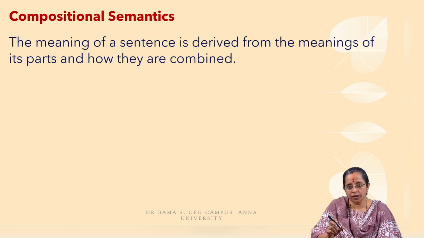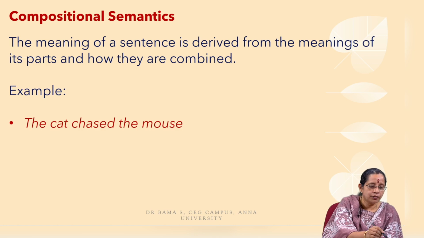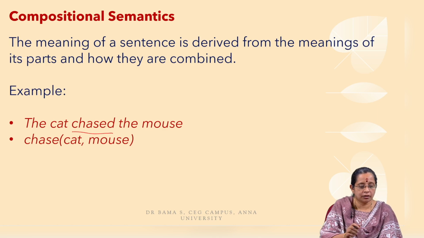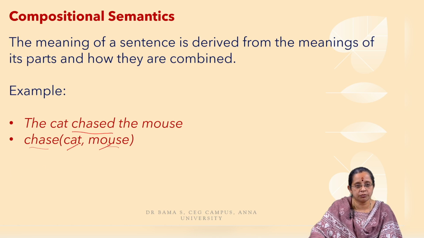The next portion is compositional semantics, which is the meaning of a sentence that derives from its parts. We have the combined meaning to form the sentence. For example, the cat chased the mouse. Here we take chased, the verb, as the predicate structure, the immediate structure, and within this we have the cat and the mouse, where cat stands for the subject and mouse stands for the object.